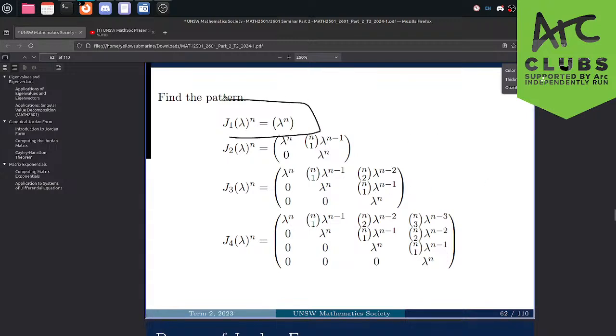If we try to exponentiate a Jordan block, try and see the pattern. For a Jordan block with length 1, it's just lambda to the n. Then you introduce this binomial coefficient, and then this one here and this one here. The other entries are going to be the expansion of (1 plus lambda) to the n, and you take the next binomial coefficient and its respective element, and you try to fill in the Jordan block as much as you can.